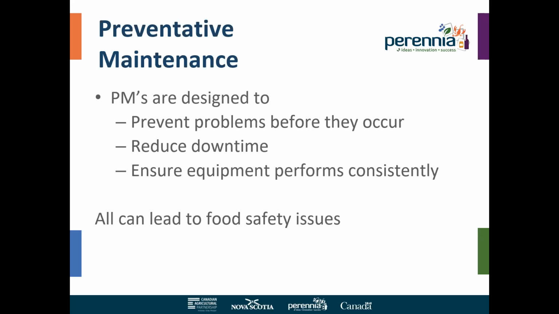Some examples of preventive maintenance: changing the oil in that vac pack machine that you have, or greasing bearings on pieces of equipment that you may have. Basically those things don't fail and then have downtime, and then we're doing the reactive maintenance later on. If you're not doing preventive maintenance, it can lead to food safety issues.